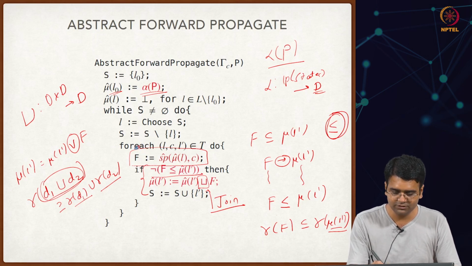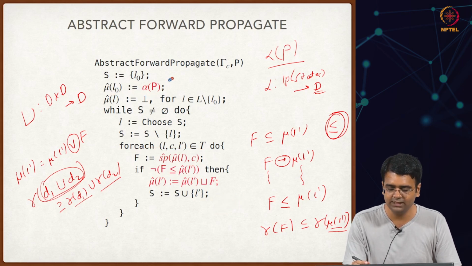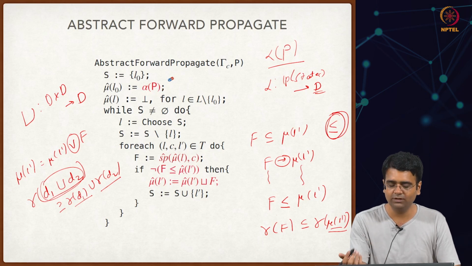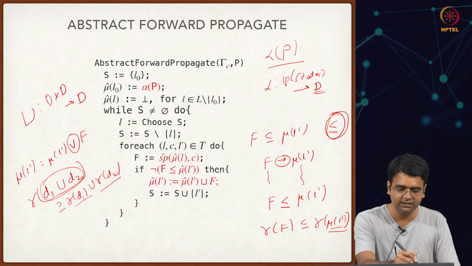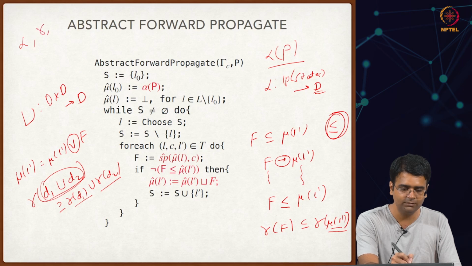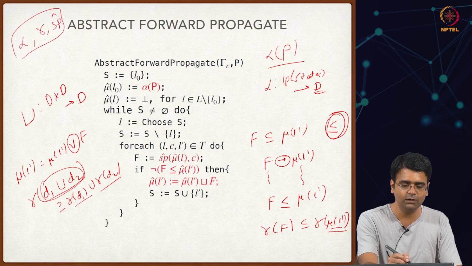Just to summarize, we are essentially using the same forward propagate algorithm, but now we are executing the program in the forward direction over the abstract domain, and we have added two more things. Aside from requiring the abstraction function alpha, the concretization function gamma, and the abstract strongest post condition operator SP hat, I also need two more things.